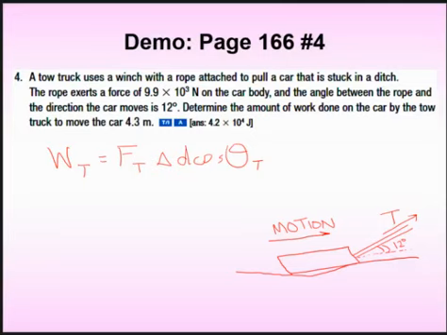Like how much tension is felt inside of the rope? 9,900 equals 9,900. All right. How much distance did the car move, under the application of that force? 4.3 in meters. Cosine. What's the angle between the tension and the motion direction? 12. The cosine is 12.